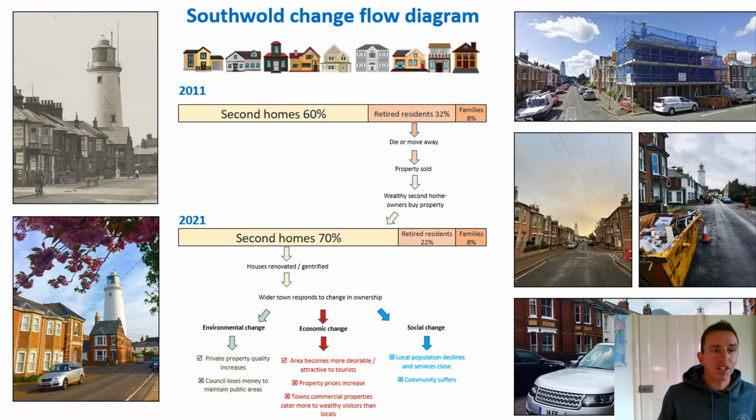And some students actually like that idea of looking at the contrasting impacts of second home ownership on the environmental consequences in Southwold, and they do almost a study based around private versus public environmental quality. So that's one of the impacts that, as I say, is probably not particularly obvious from the increased amount of second homes, but it's definitely something which exists in Southwold.